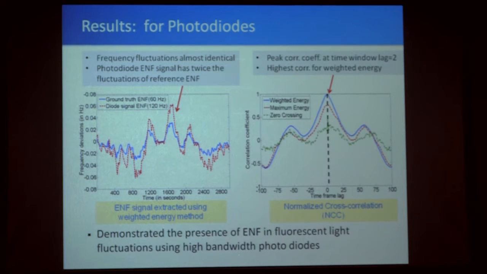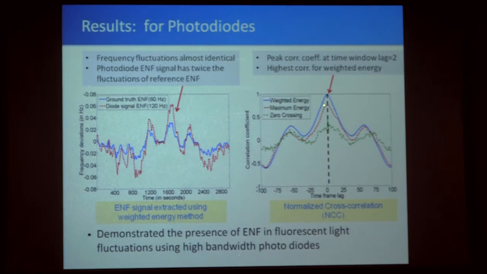We can also compare the alignment of the power versus the optical sensing using different frequency estimation approaches. If you look at the zero crossing, it's very noisy. At the right alignment, we have the highest value, but the side lobe is quite high because it's a very crude approach and very sensitive to noise.